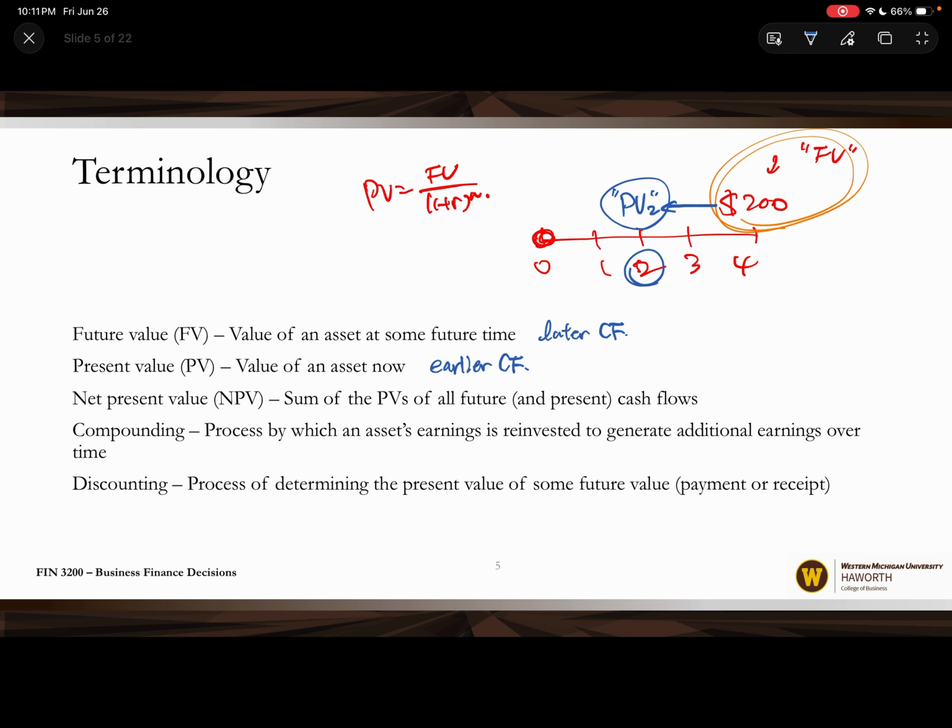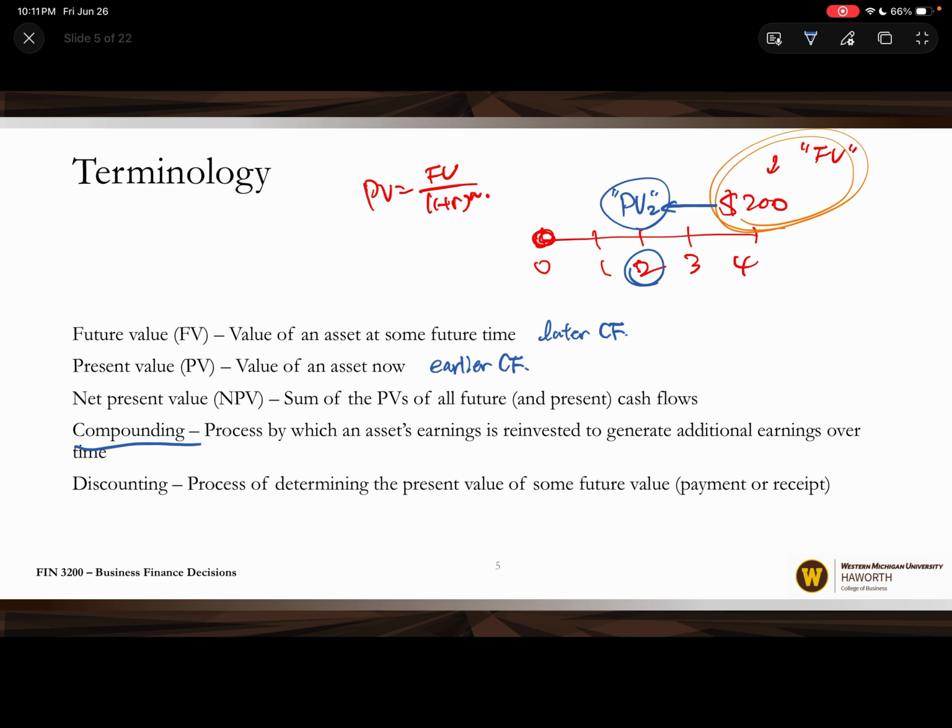Compounding is the process by which an asset's earnings is reinvested to generate additional earnings over time. That sounds a little complicated, but we're just saying whenever you get interest payments, you will reinvest that interest payment in the same security, so it generates more earnings as time goes on.